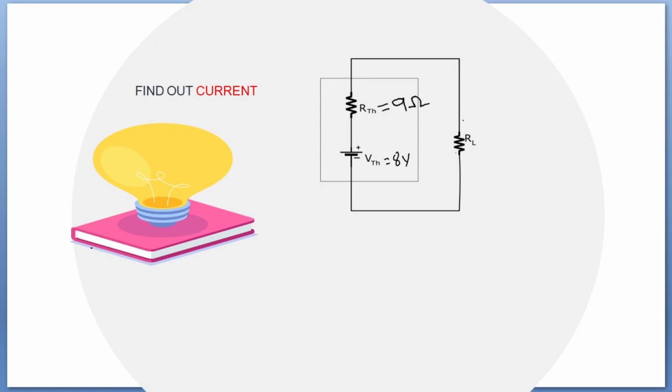The load is connected to this Thevenin equivalent circuit. Now we can determine the current flowing through the load resistor.